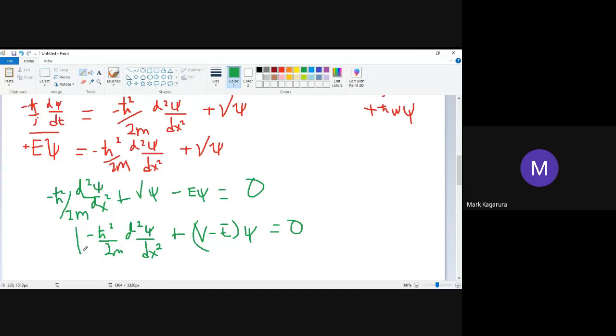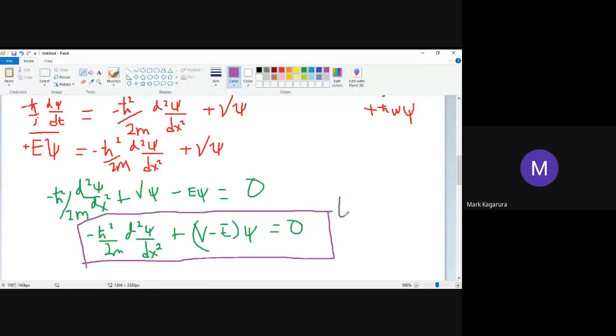Now, this is what we call the time independent Schrodinger equation.